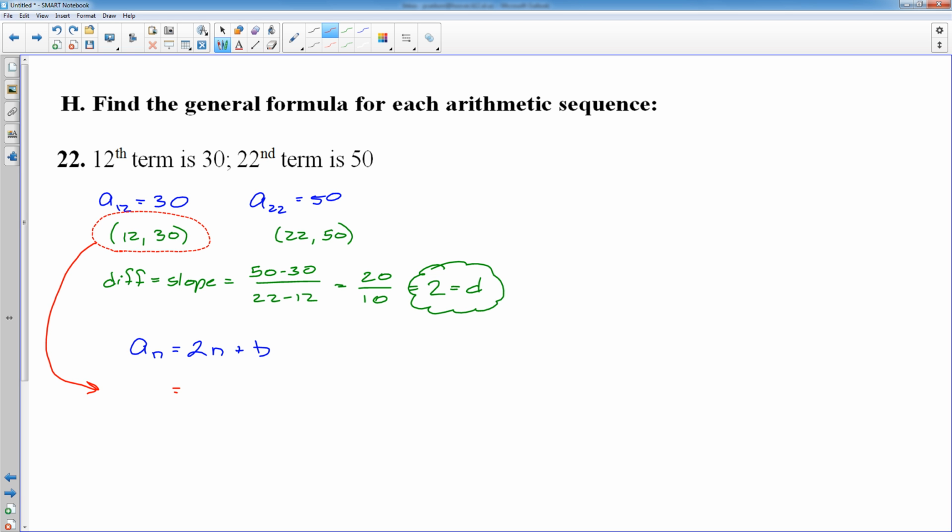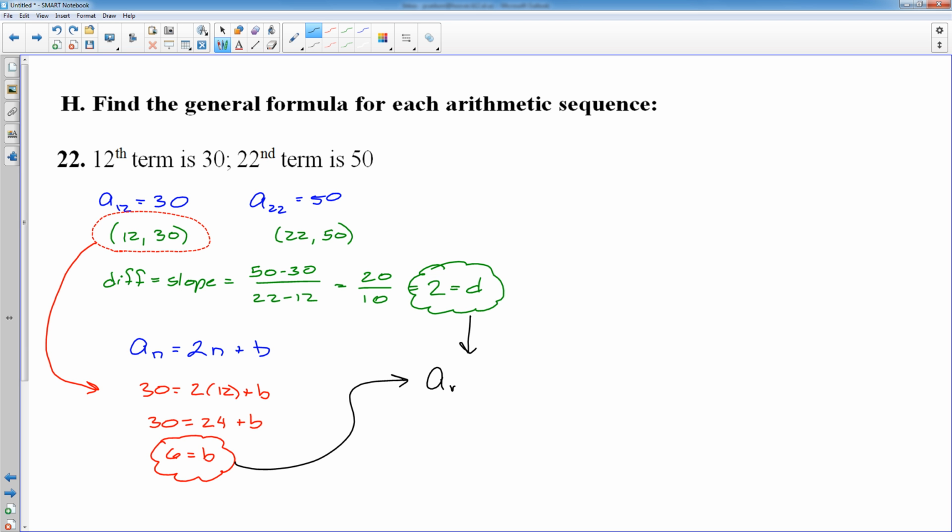So when I plug in 12 for n, my 12th term, 2 times 12, plus b, needs to give me 30 for that term. So 30 equals 2 times 12, which is 24, plus b. Subtract 24 and you get 6 for b. Now that I have my b and the common difference, I know that my formula is a sub n equals 2n plus 6.